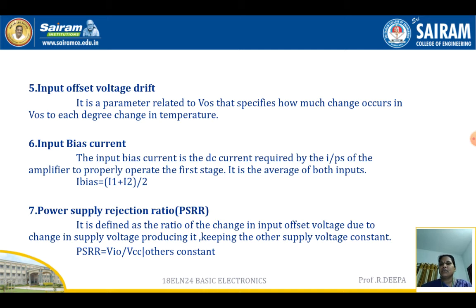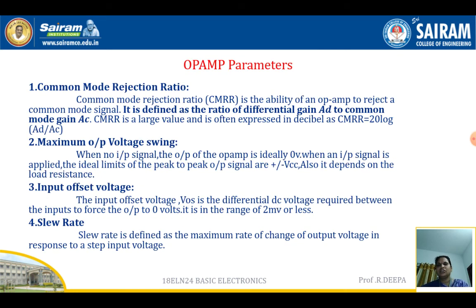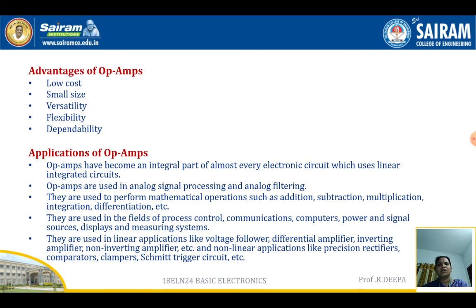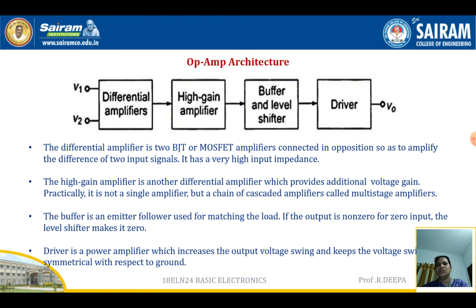The next parameter is input bias current. Input bias current is the DC current required by the inputs of the amplifier in order to operate the first stage of an operational amplifier. In the block architecture, we have a differential amplifier as the first stage.